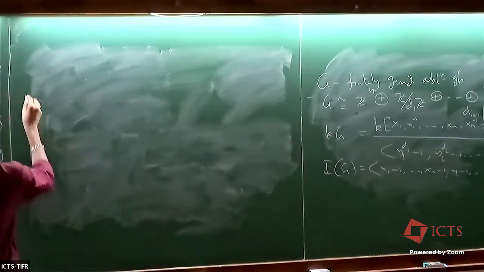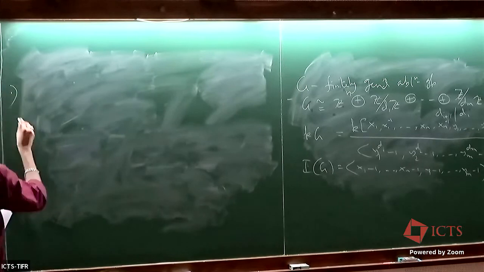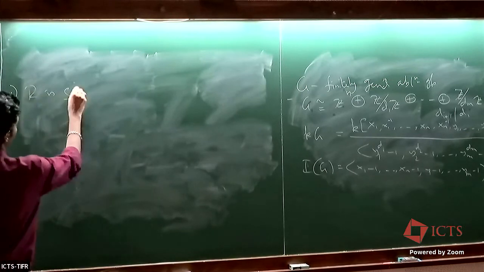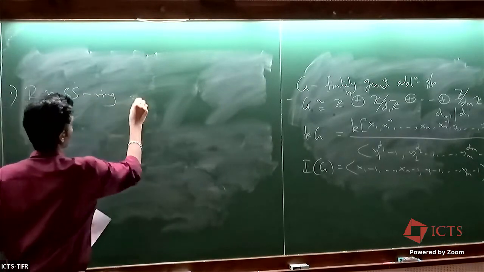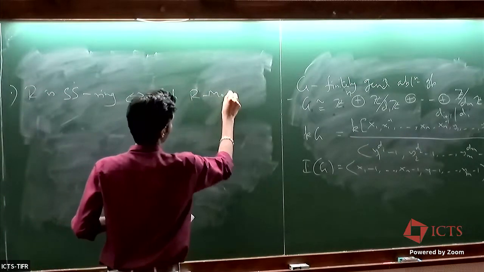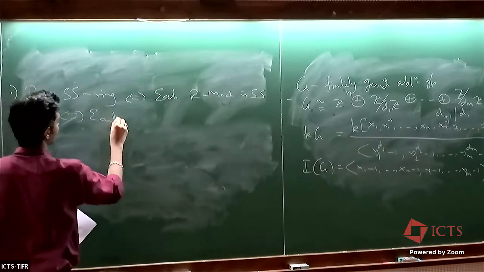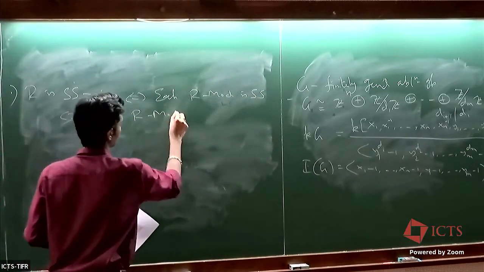The nice properties of semi-simple and simple rings are the following: R is a semi-simple ring if and only if each R module is semi-simple. That is equivalent to saying each R module is projective.